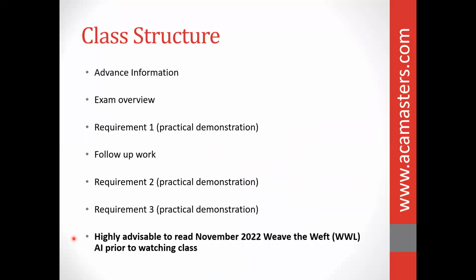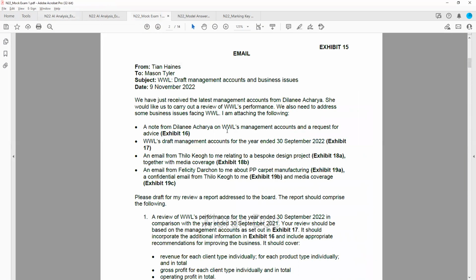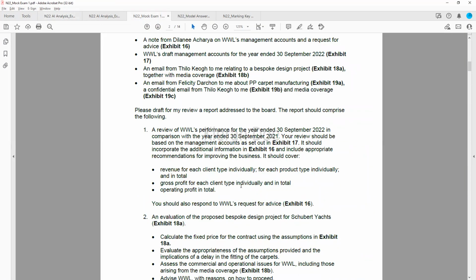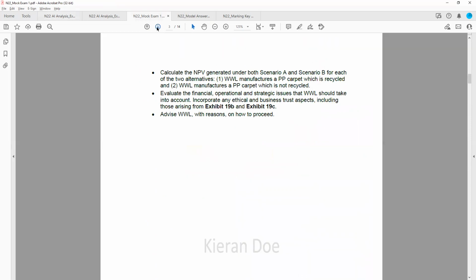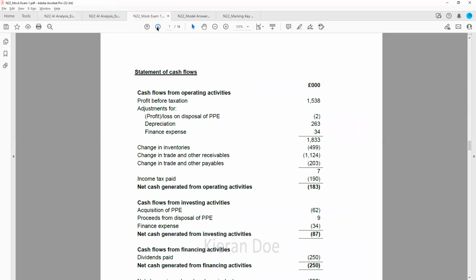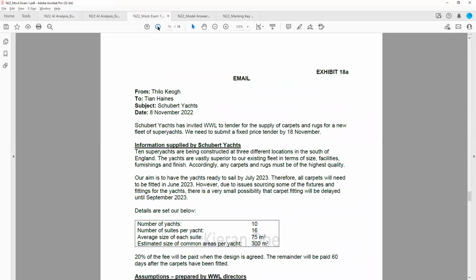So it's beneficial to have familiarity with the November 2022 AI before watching this class, because obviously when I'm working through the requirement, I'm going to be working through this. This is one of our actual mock exams. So having some familiarity with the business will be useful. However, you can still benefit from the course if you haven't read this yet.